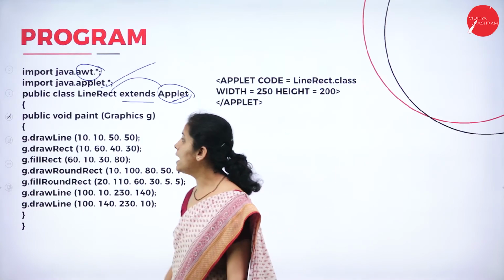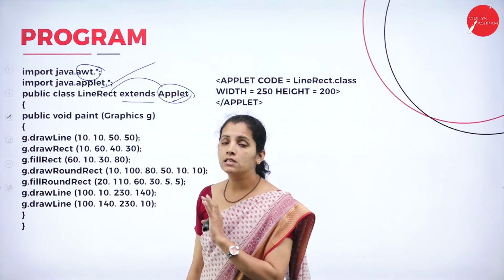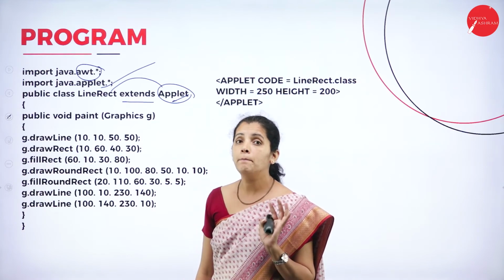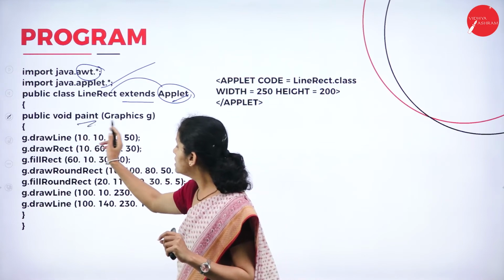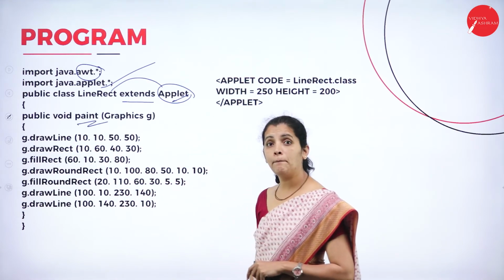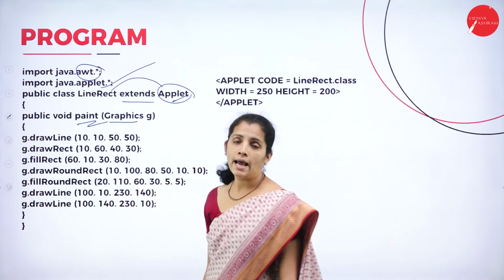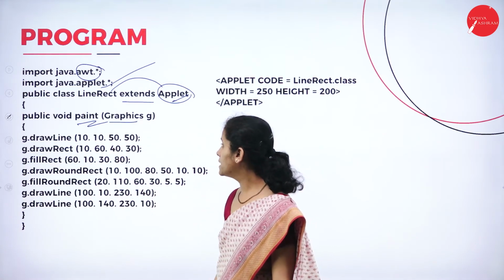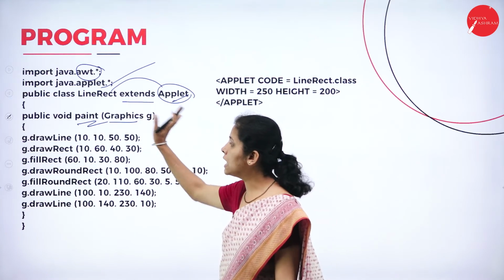After that, see here, dear student, an applet program does not include any main method. So for that reason, I'm going to start with the paint method. What is the parameter to this paint method? That is g, and it's of type Graphics class.